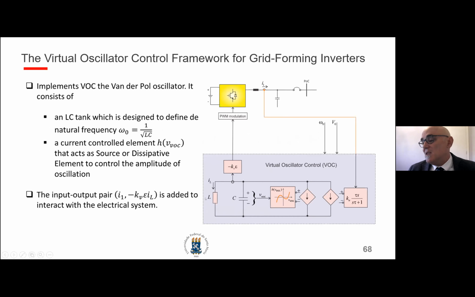The virtual oscillator has this LC tank that defines the frequency, and non-linearities: one part provides energy for this LC tank, another one dissipates energy. So there is a stable limit cycle, not an equilibrium point, but an equilibrium set. Now there is this oscillation that will be stable with the desired amplitude.